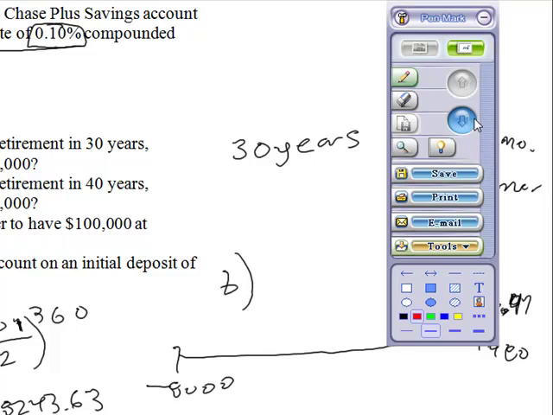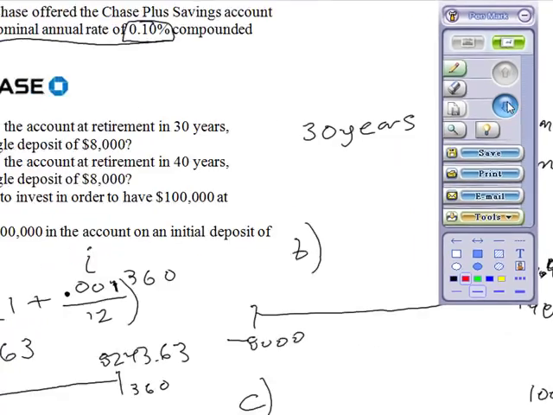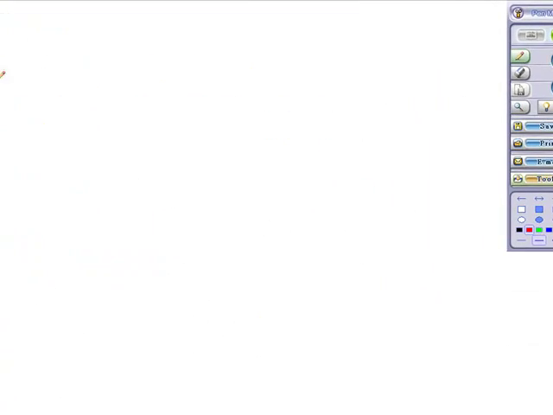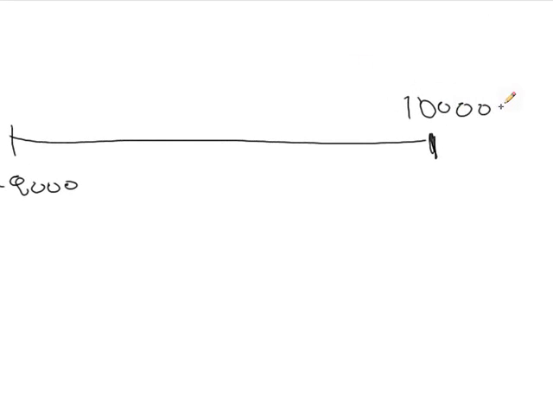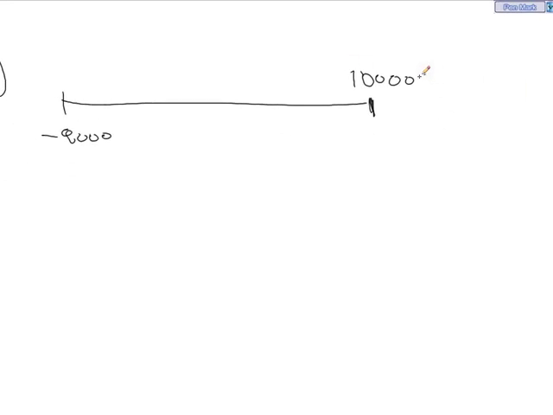In part D, we want to know how long would it take to have $100,000 in the account on an initial deposit of $8,000. So in part D, we know that we're going to put in $8,000 and we want to have received $100,000, but the question is, how long would that take?